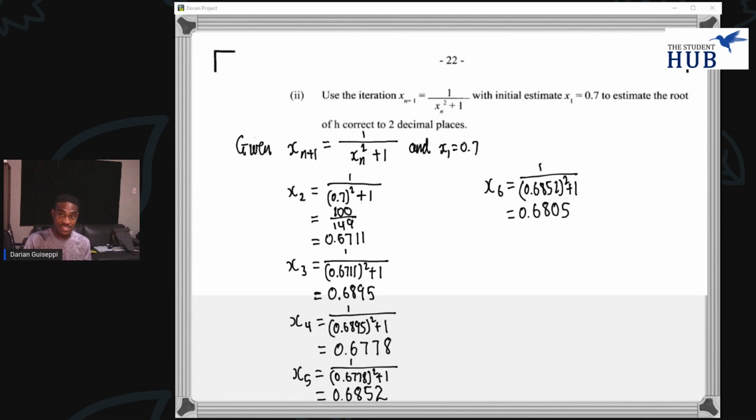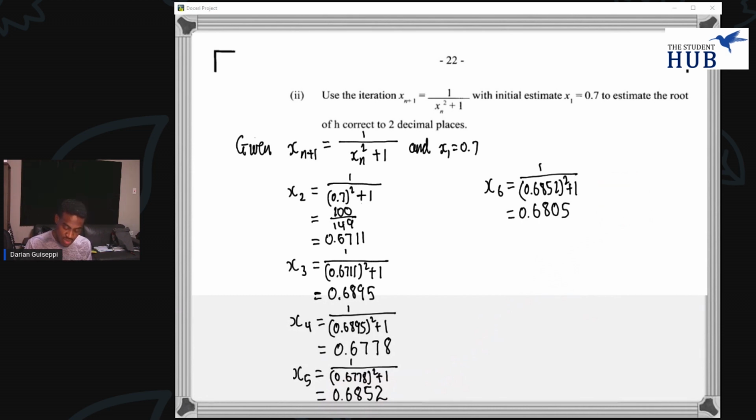Again, we look at the consecutive terms, correct them to two decimal places and see if they are the same. 0.68 corrected to two decimal places, that's what this would be, right? This here was 0.69. They're not the same, right? So we have to go again.